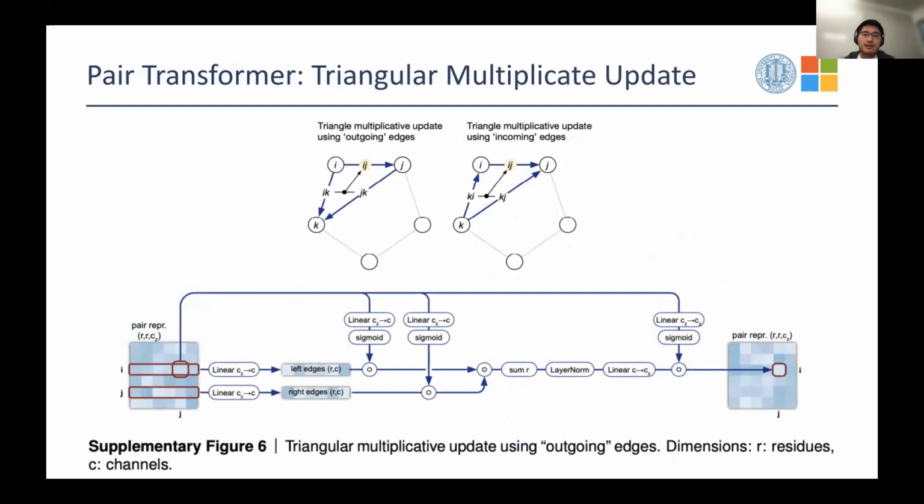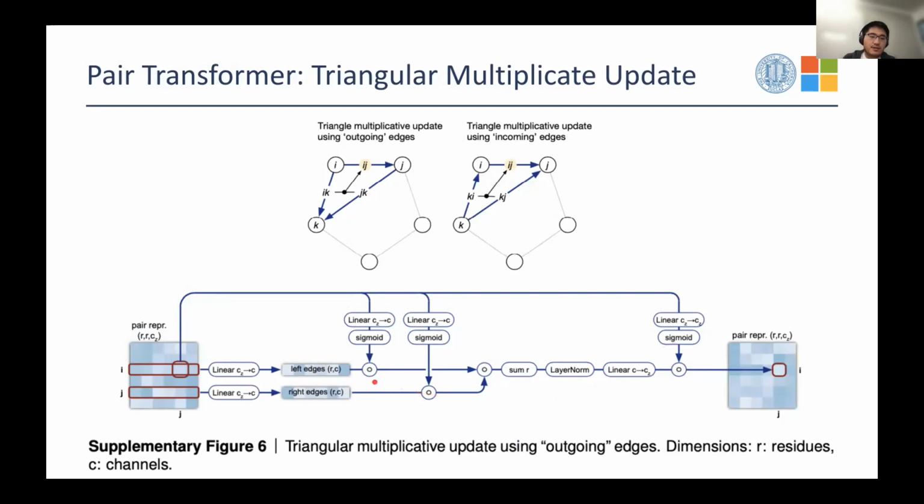In terms of the triangular multiplicative update, the input for analyzing outgoing edges would be two rows, row i and row j, and all the elements in those two rows as outgoing edges for ij.